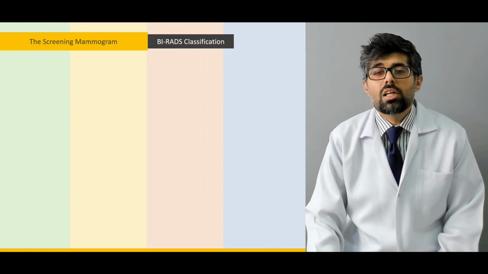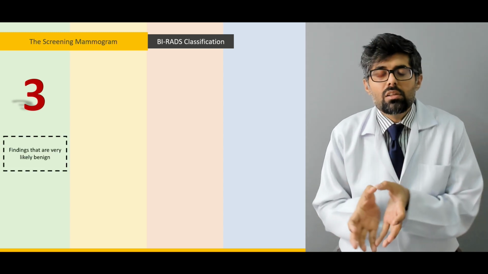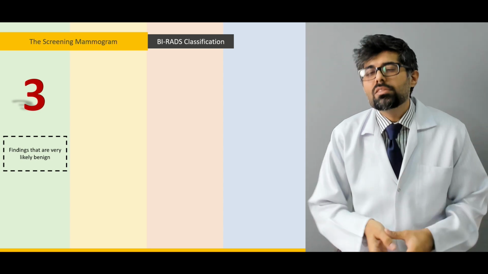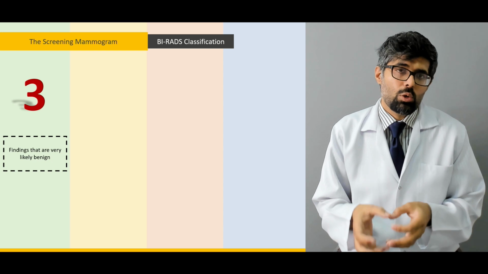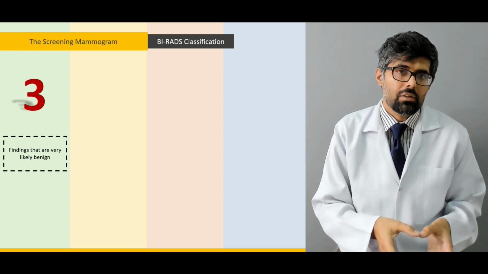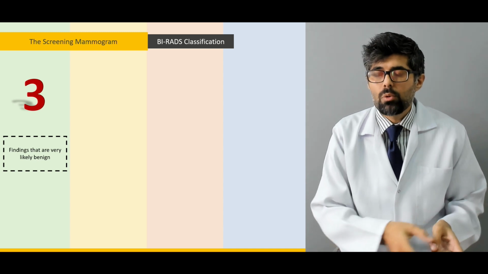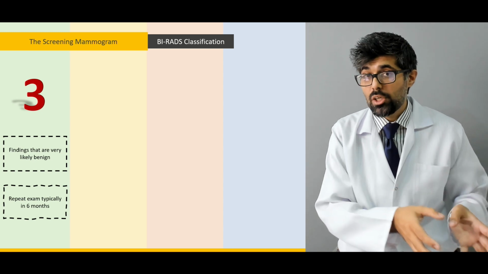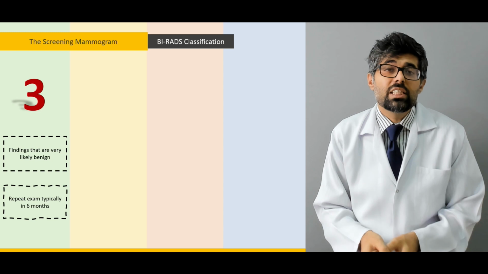Then we have class 3. For class 3, the findings are benign, but they might have some parameters which might arouse the suspicion of being malignant. For these mammograms, what is recommended is that the yearly mammograms now be repeated every 6 months.